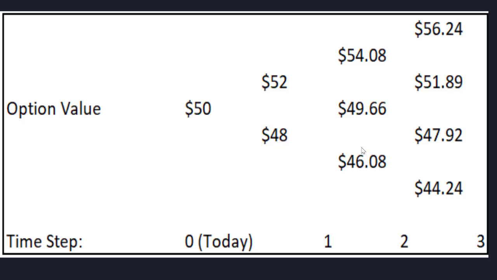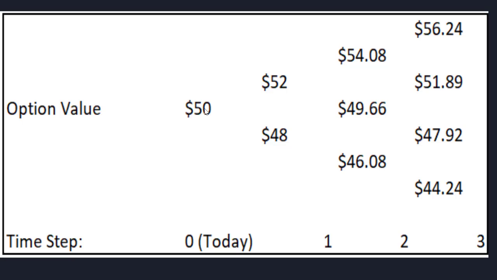All right, so let's look at this. So option valuation here is coming from whatever you see here, 56.24, and then from here it is coming to 50. All right, so that's how you have to calculate. So if you see here, there's two legs to everything. So from 50 it is basically going to 52 or 58.